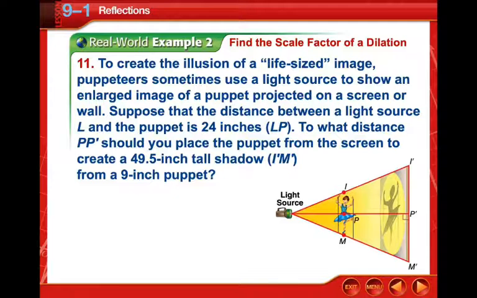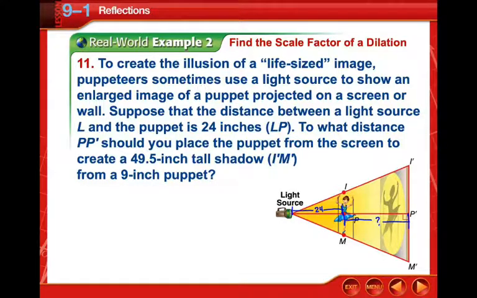So from the puppet to the light source is 24. You want to know what this distance is from puppet to projection.